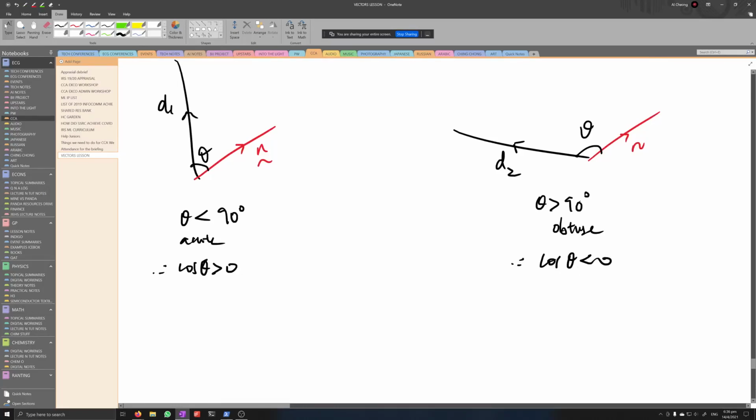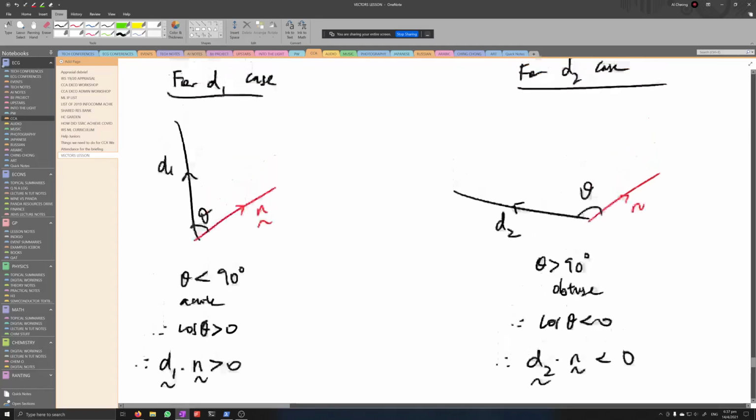So this would imply that D1 dot n is greater than 0, and this would imply that D2 dot n is less than 0.